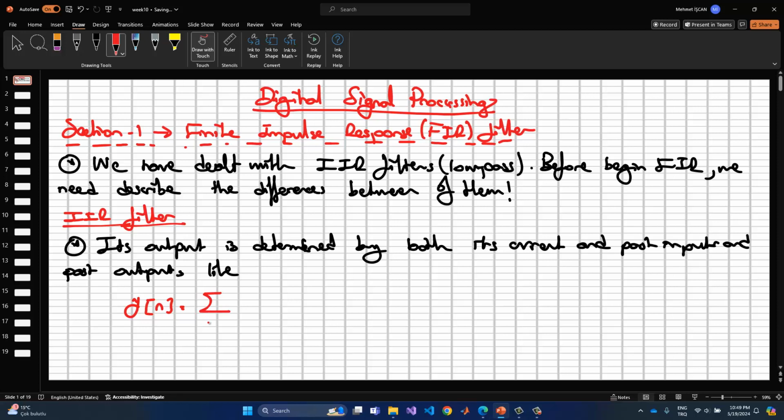And so we can collect the terms, firstly the sum from k equals 0 to M of a_k times y[n minus k]. This is a backward index in here. And also we collect the sum from k equals 0 to N of b_k times x[n minus k]. Okay.